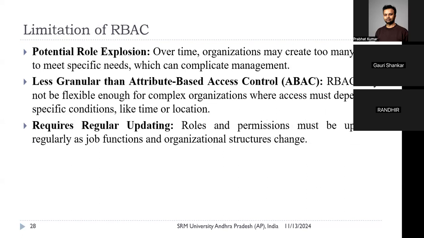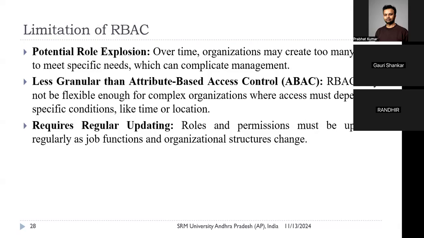Now the limitation is when too many roles are created at a large scale. When your organization is maintaining a large number of roles and a large number of resources, maintaining this access control permission is difficult.